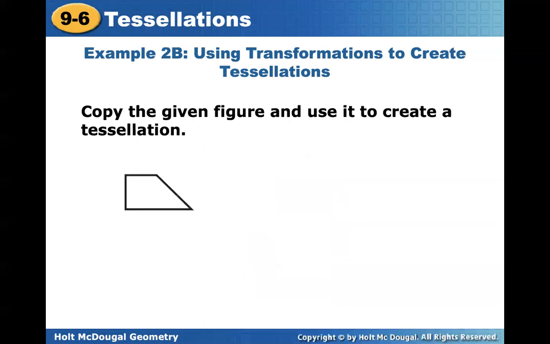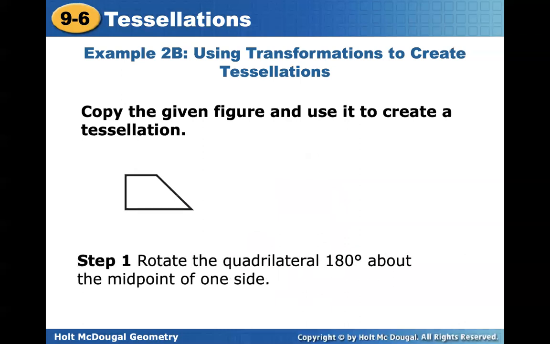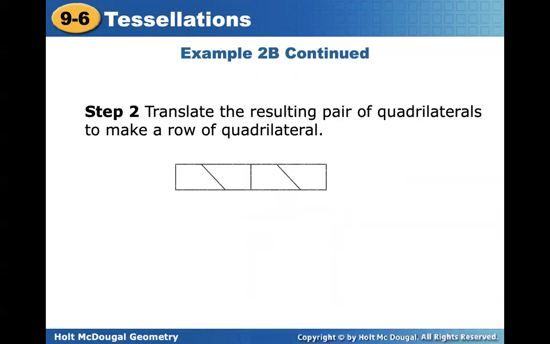Another example, I'm going to rotate it about the midpoint of a side. So I'm going to pick this side and I'm going to rotate it, and I'm going to end up with this type of figure right here. And then I'm going to take that figure and translate it down or to the right, create a row.